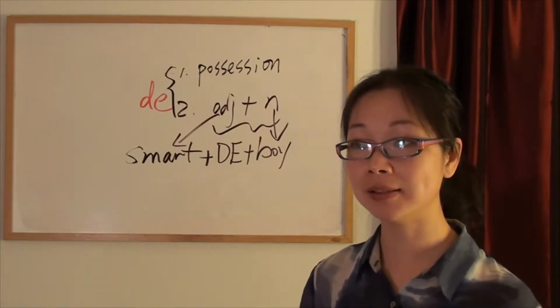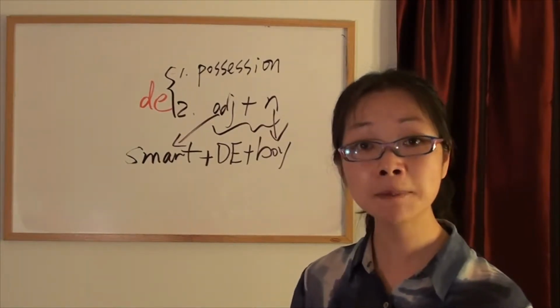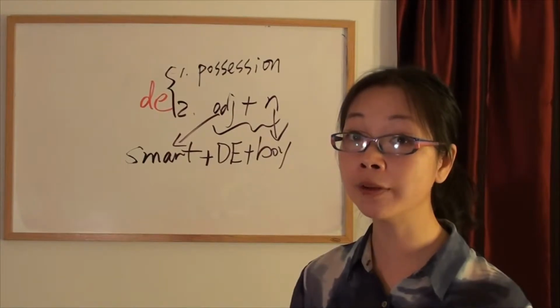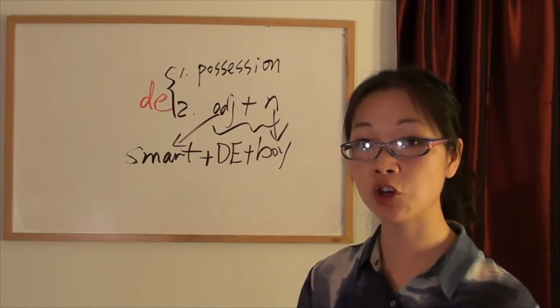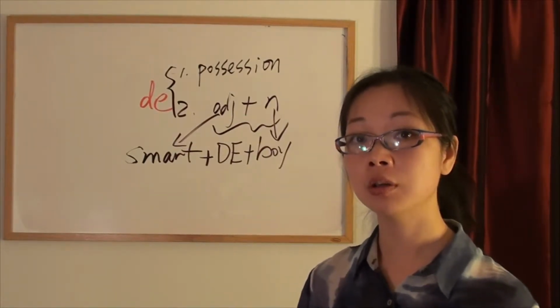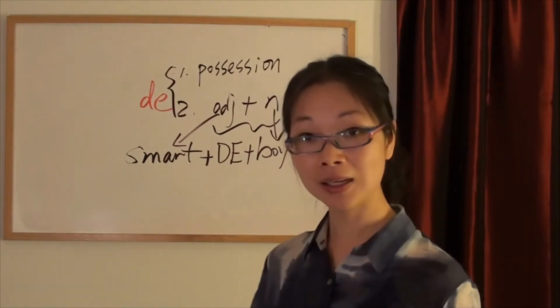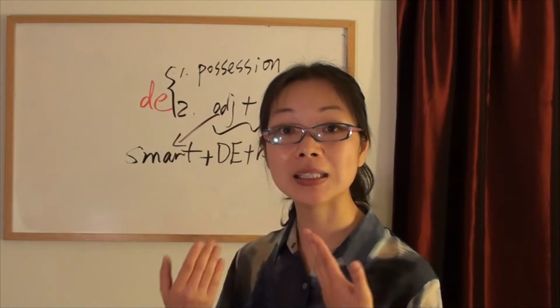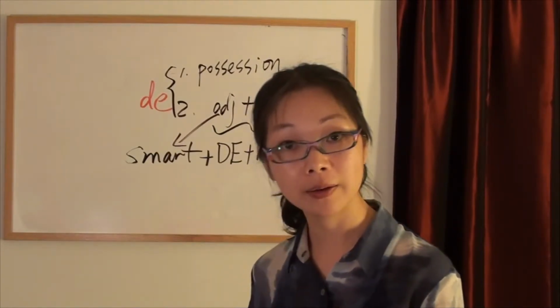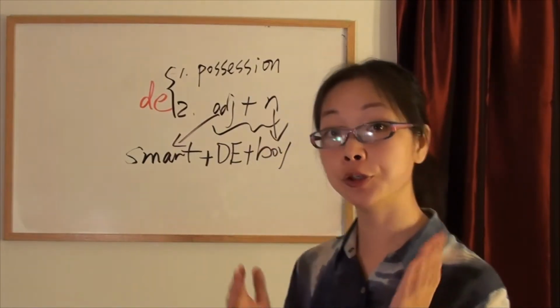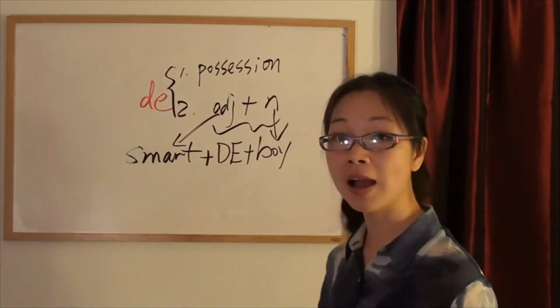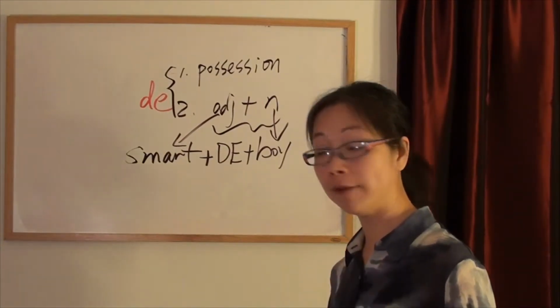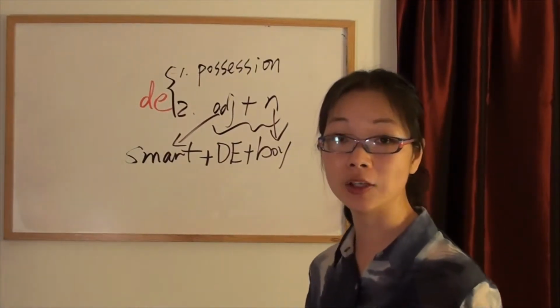So the sentence is "he is a handsome, smart, and brave boy." What I will say in Chinese is 他是 handsome 的 smart 的 brave 的 boy. You got it? So you have to put 的 after each adjective if there's more than one adjective.